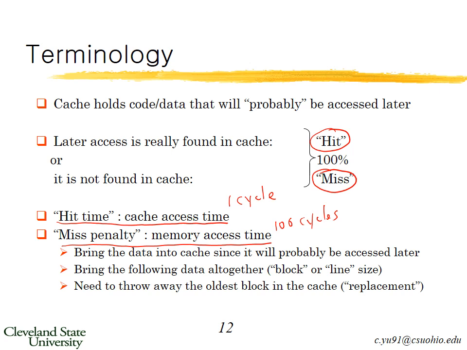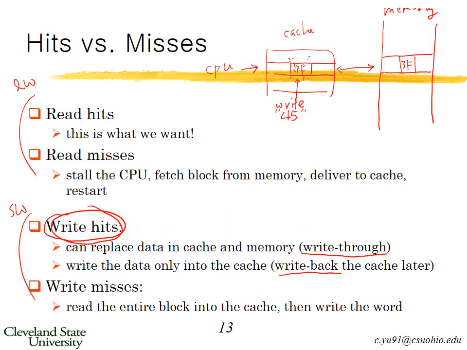To emphasize the amount of time it takes, we call it a miss penalty rather than miss time, and it is typically about 100 cycles. It brings the data into the cache and also throws away the oldest block in the cache, which is a replacement. Again, we'll discuss this issue.